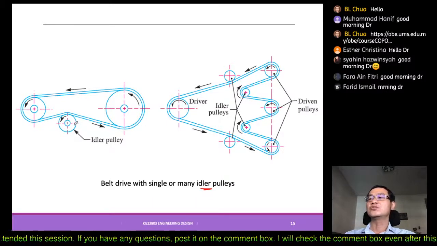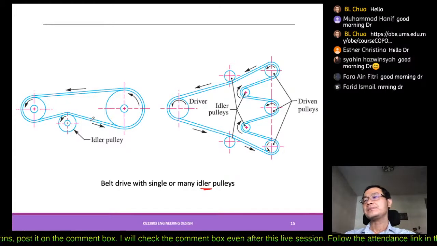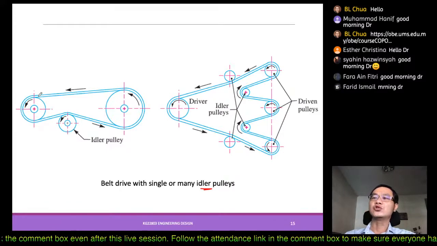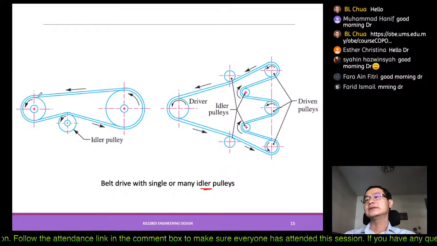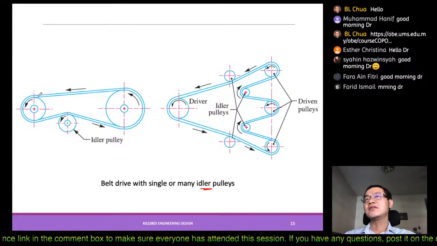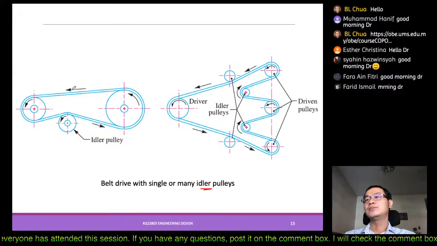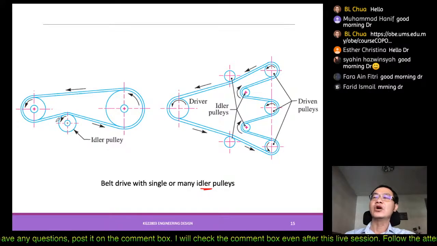This is useful because when we install the belt, we have to insert it into the groove of the pulley or the shaft. It may be difficult if you have to stretch the belt and put it in. It's not like a normal rubber band.